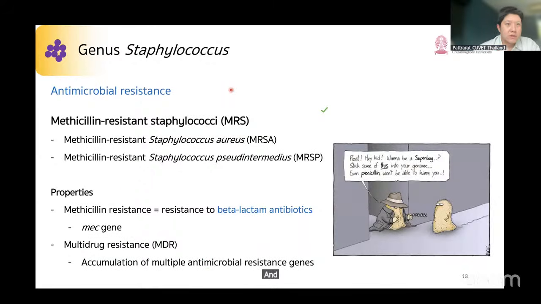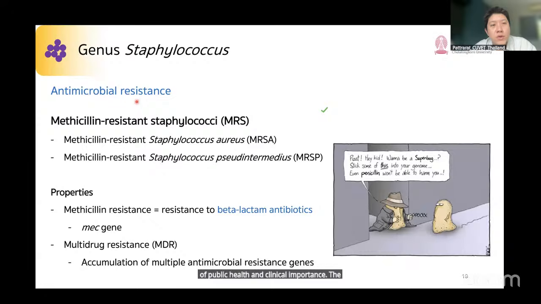And of course, because Staphylococcus is a member of the ESKAPE pathogens, they have specific resistance of public health and clinical importance.